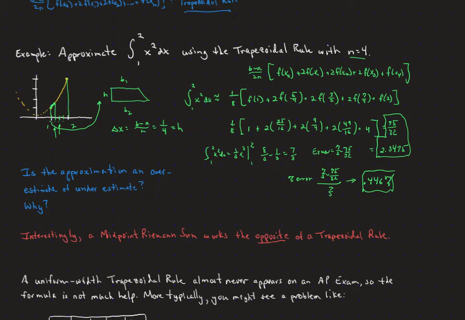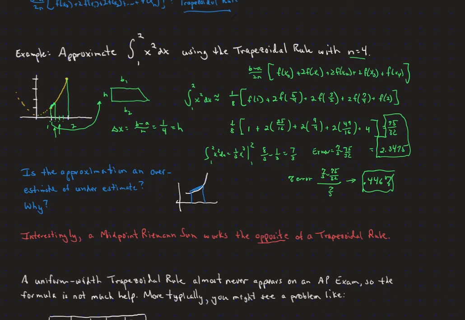So then the question comes up in the blue here: is our approximation an overestimate or underestimate of our actual value? Well, we can see that we figured it out, but the idea behind it is, if we look at our original function, since it looks like that, if we imagine approximating something that is concave up using a trapezoid, we're going to get an overcount of that area.